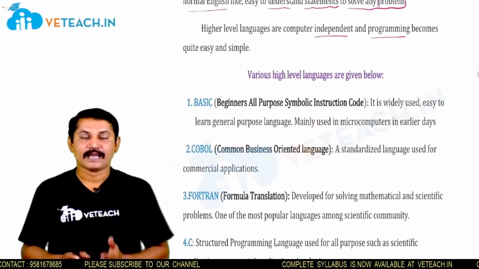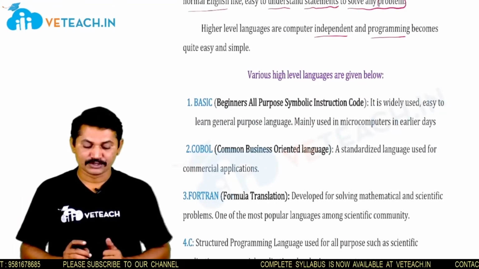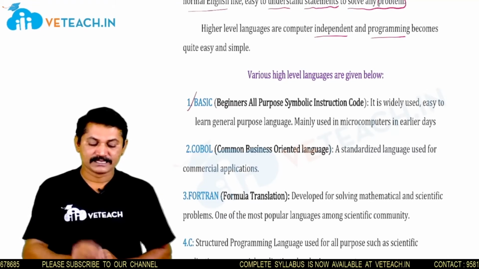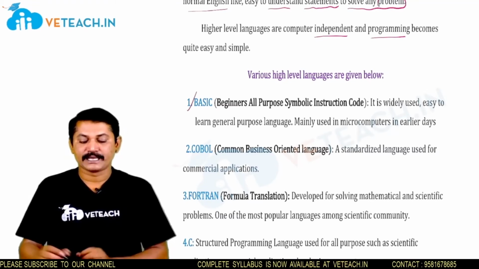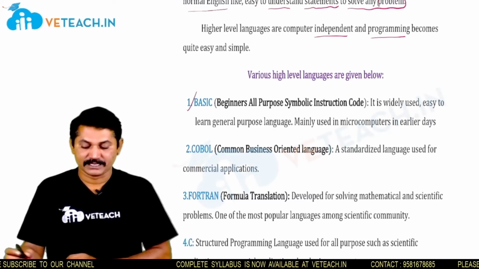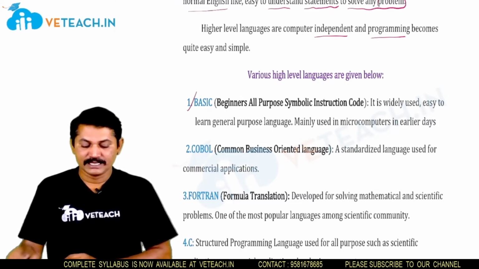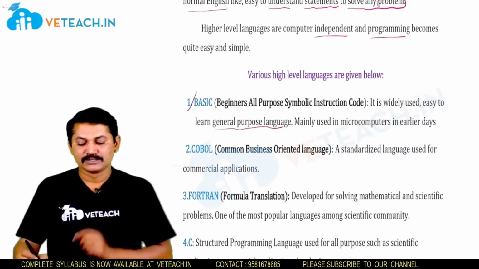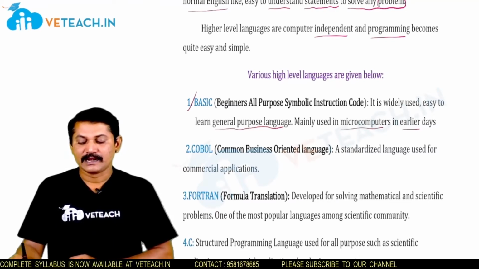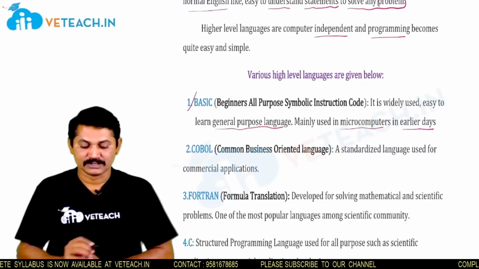Here are some high level languages that I am going to show. The first one is BASIC, Beginners All-purpose Symbolic Instruction Code, the full form of BASIC. It is a widely used, easy to learn, general purpose language, mainly used in microcomputers in earlier days. That means nowadays we are not using it.